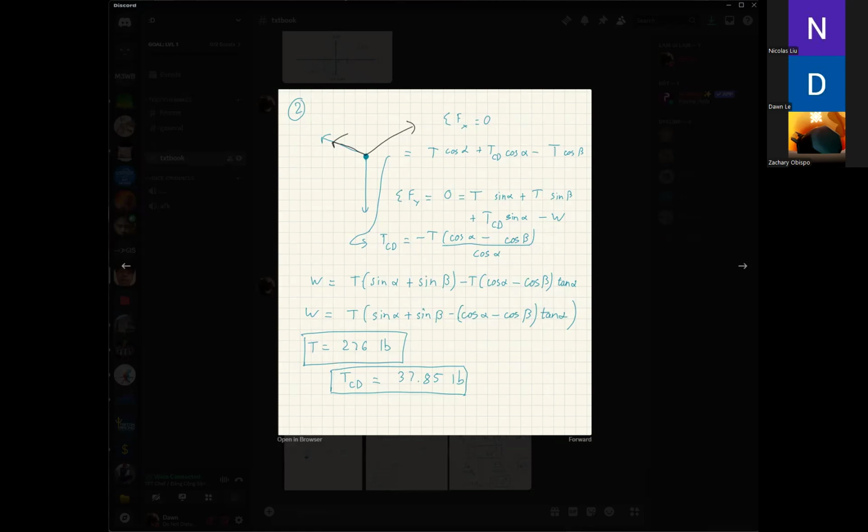Any questions? So you just ended up plugging it into your calculator, because it just has all the variables, right? Yeah, I usually do my problems that way. I usually just do everything in algebra and then plug in at the end.